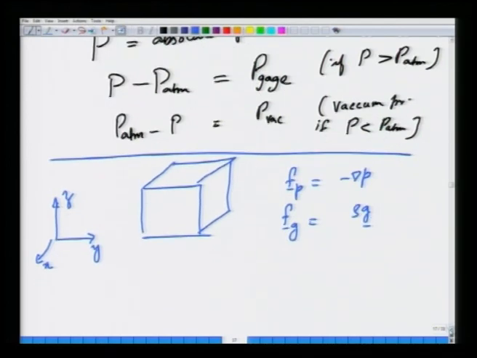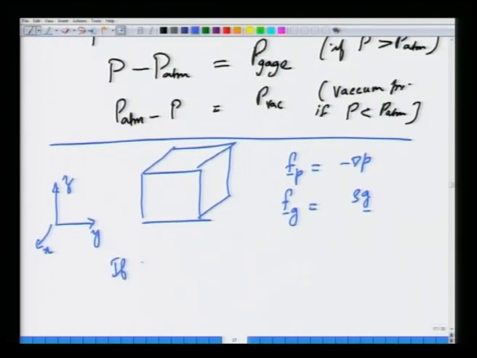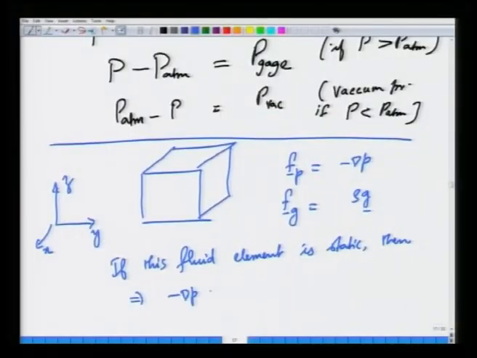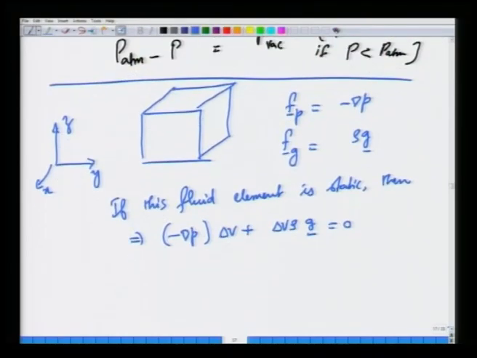So, if this fluid element is static, then the sum of all forces on this volume element must add to 0, which implies that minus grad p times delta v plus delta v rho g must also be equal to 0. If I cancel delta v right through, we get minus grad p plus rho g equal to 0.